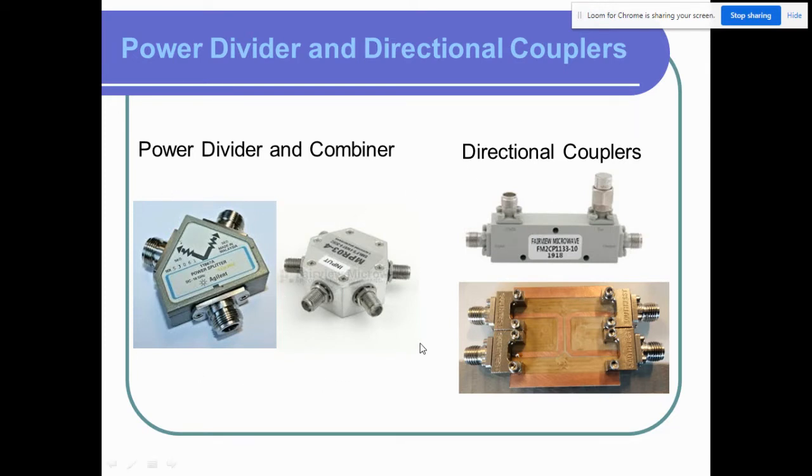As we can combine and divide here, sometimes we realize that we need to couple the power of the input we are giving. Sometimes when we try to receive something, there is some isolation problem, so the power goes here also. If we have an input here, it is supposed to go here, which is desirable.